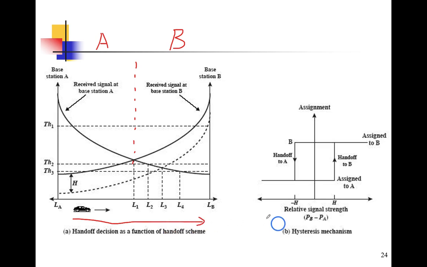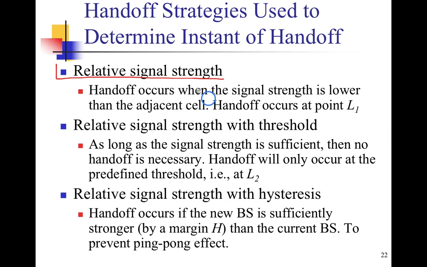So when actually do we do the switching from base station A to base station B? According to the first rule, if you use the relative signal strength, the handoff occurs at point L1, when the signal strength is lower than the adjacent signal.